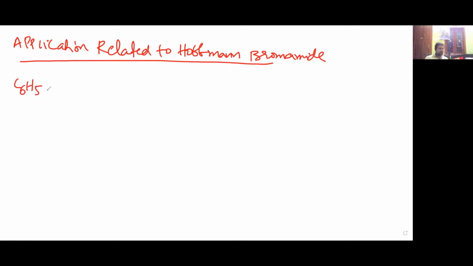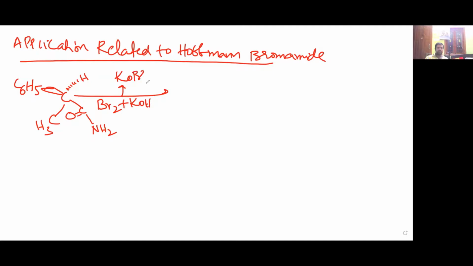Suppose you take C6H5, C, this is hydrogen, and here CH3 is there. This is treated with Br2 KOH, or else you can add KOBr.